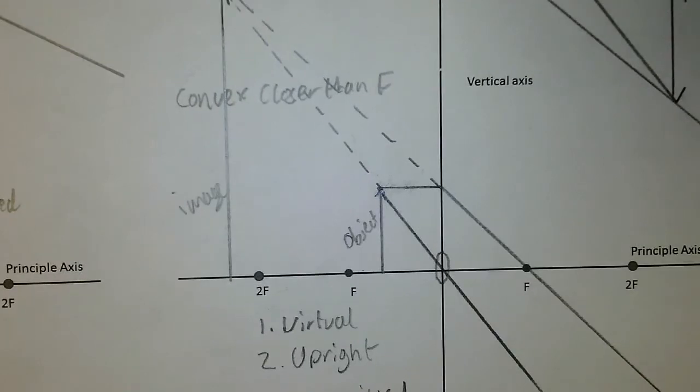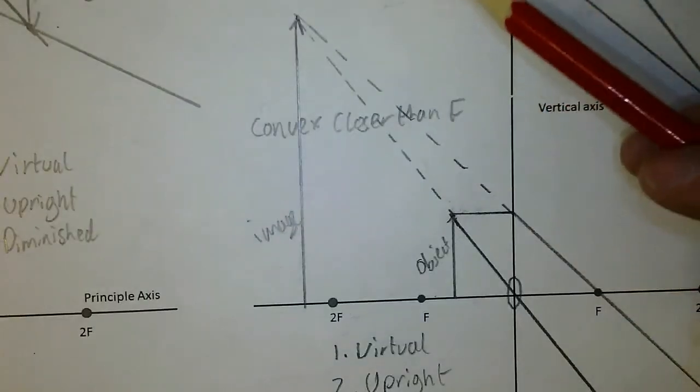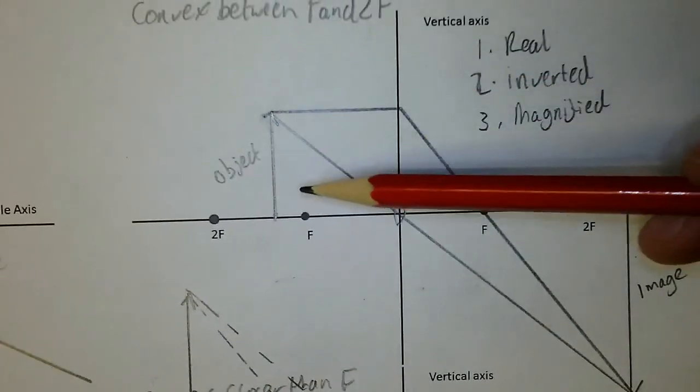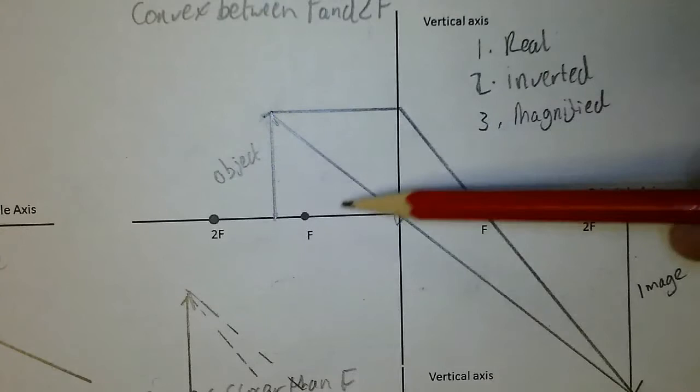So this shows you how, again, moving the object changes the image. You could get a question saying an object is moved from here to here.